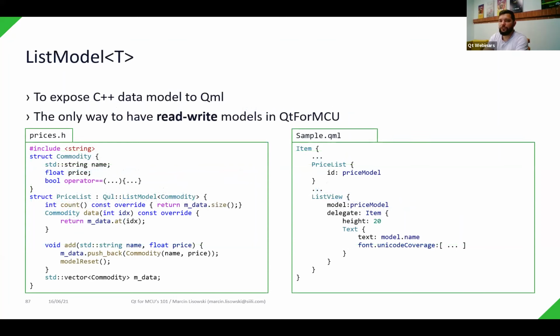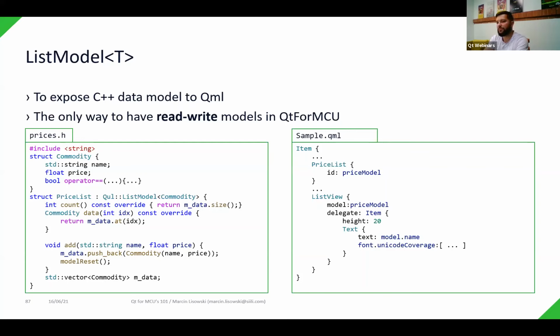Then there is the list model, which is the only way to create read-write models in Qt for MCUs. So you expose a list model of a given type from C++, and on the left side you have an example of a price list, which is a list model that holds elements of type commodity, passed as a template argument. Then you have to override two methods, to be honest.